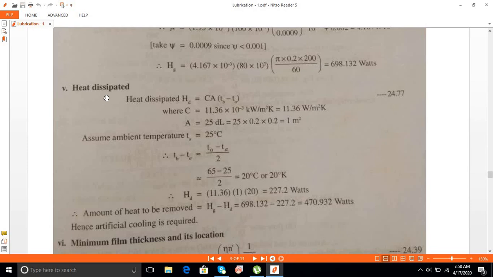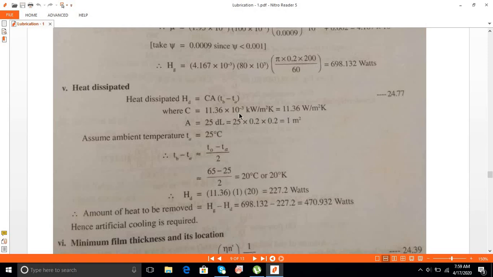Next we need to calculate heat dissipated, which is C into A into (Tb minus Ta). Tb minus Ta is (T0 minus Ta) by 2. Operating temperature is 65, ambient temperature is 25, divided by 2 we get 20 degrees Celsius or 20 degrees Kelvin, whichever unit you take, where C is 11.36 into 10 power minus 3 kilowatt per meter square degree Kelvin.